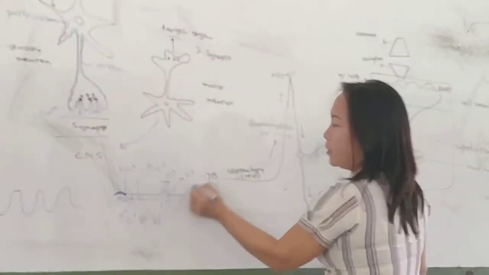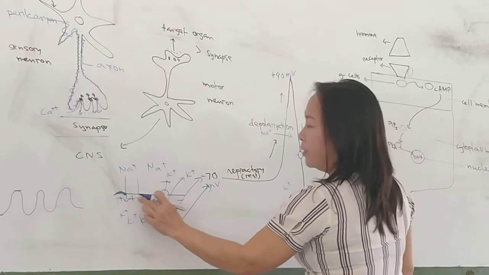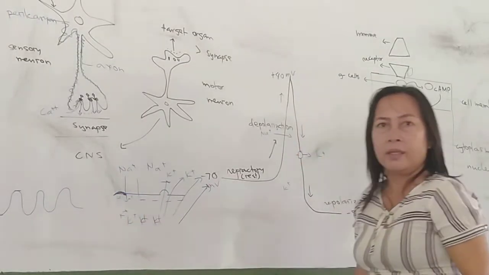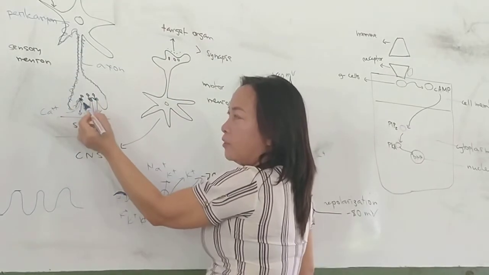So, potassium keeps going out, until the membrane becomes negative again. And the cycle goes on. That is how it happens until it reaches here.